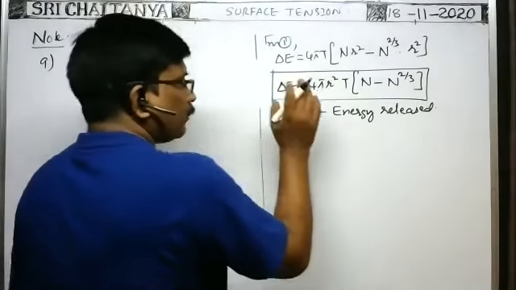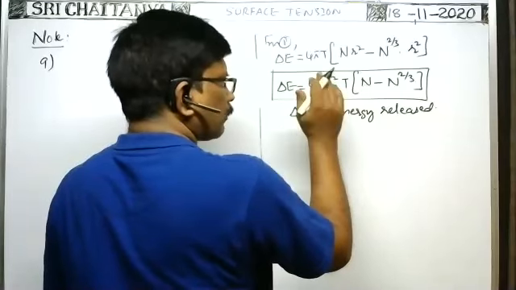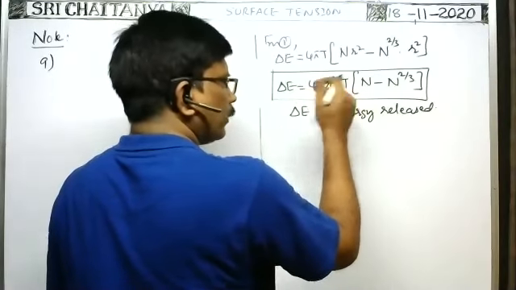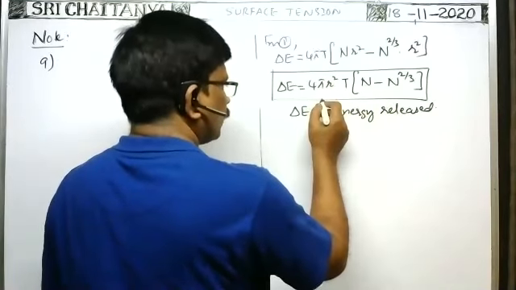So when n identical small droplets merge or coalesce with each other into a big drop, the energy lost or energy released is equal to this one.